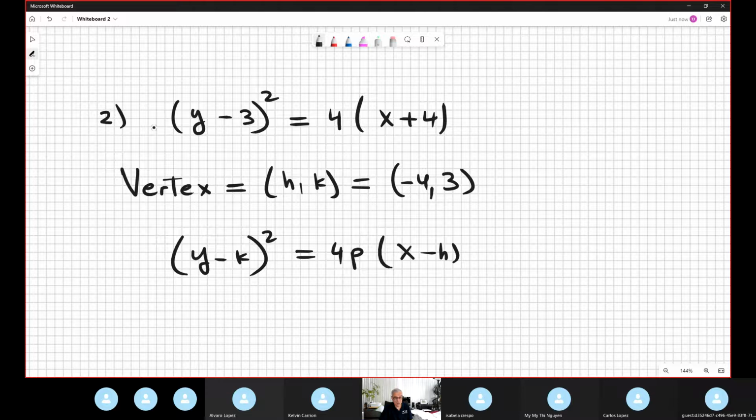Okay. And in what direction does this parabola open? Is it a horizontal parabola or a vertical parabola? Is it a parabola like that or like that?